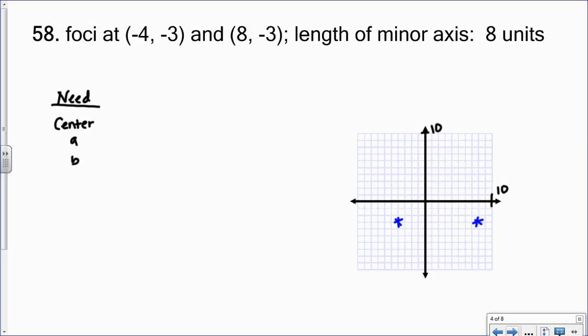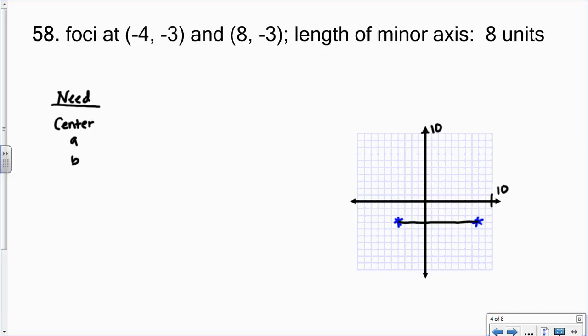So my center needs to be halfway between those foci, because the foci are equidistant from the center. If I count how long it is from one focus to the other, it's 1, 2, 3, 4, 5, ... 10, 11, 12.